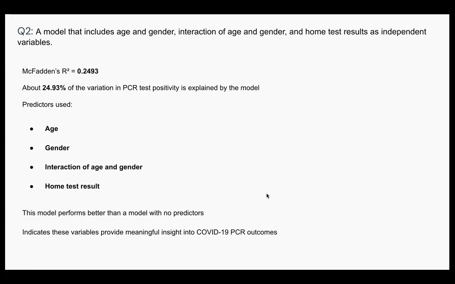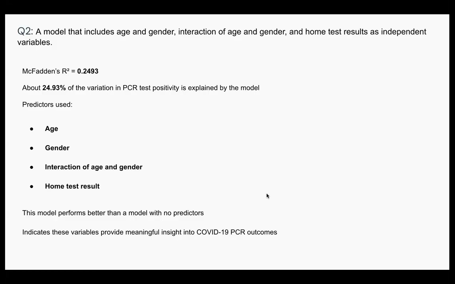So for question 2 right here, I'm installing the package I need and then loading other packages that were previously installed in question 1 right here. Then I'm loading my data set, which was given in the prompt, which is the CSV, cleaning and preparing all of my data, making sure I have the gender and then my positive PCR tests.